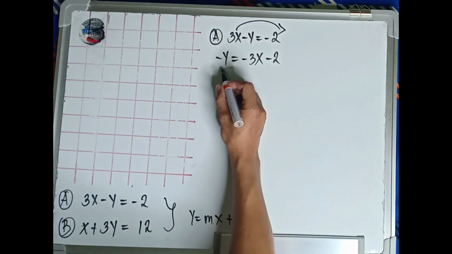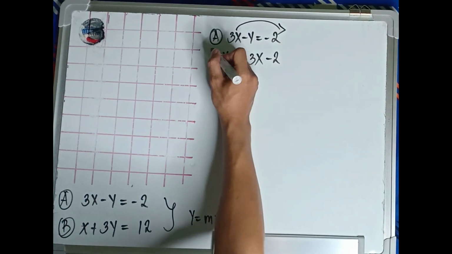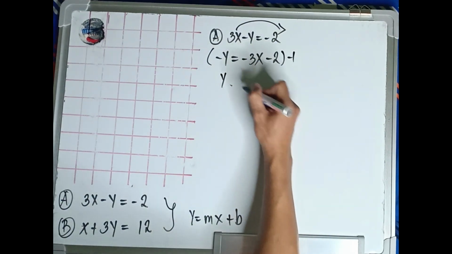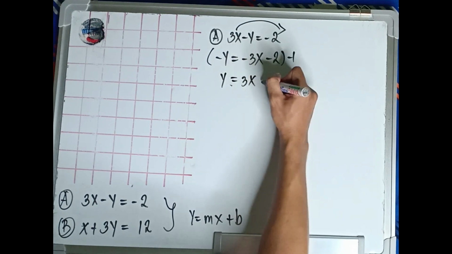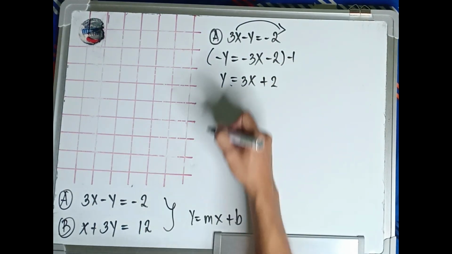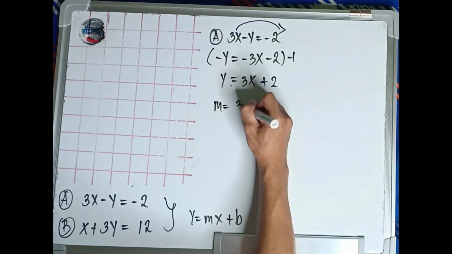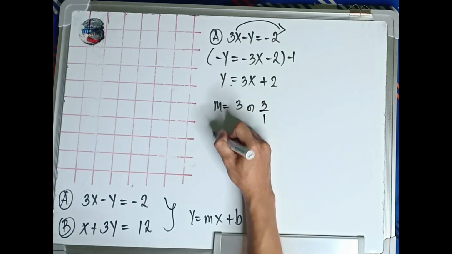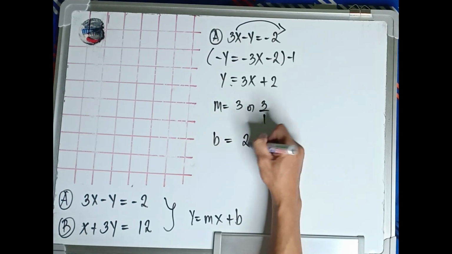Since we have a negative sign, we have to divide or multiply all sides by negative 1. So we have y is equal to 3x plus 2. So our slope is positive 3 or 3 over 1, and our y-intercept is positive 2.